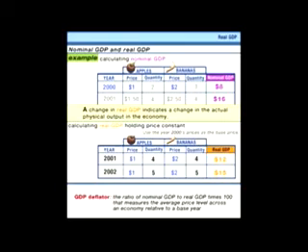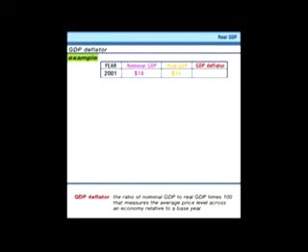So for instance, if we wanted to calculate the GDP deflator for the year 2001, we take the actual GDP for that year, which is calculated using 2001 prices. And that GDP, as we calculated earlier, is $1.50 times 4, or $6, plus $2.50 times 4, or $10. $16 is the gross domestic product for 2001.